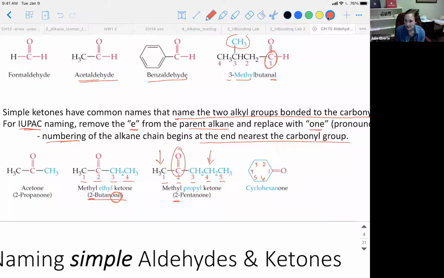If it's just the ketone, you just say cyclohexanone, with the O-N-E ending. So instead of cyclohexane, cyclohexanone. Now, the moment you throw a substituent on here, it's a different ballgame. You've got to name that. You always number this carbon as number 1.